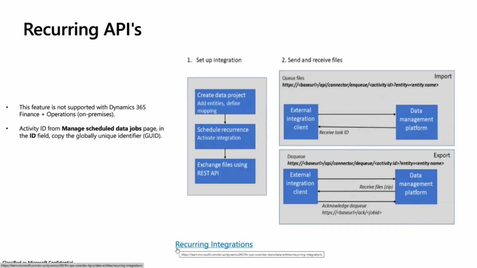In terms of supported protocols, recurring APIs can be used with both SOAP and REST. Package APIs are only used as REST. In terms of service, the recurring integration API is a custom service. Package APIs are basically OData action imports, and all the APIs which we have talked about are OData actions.